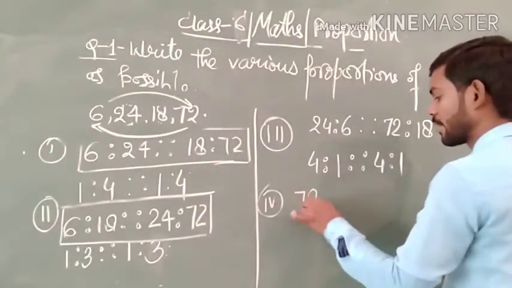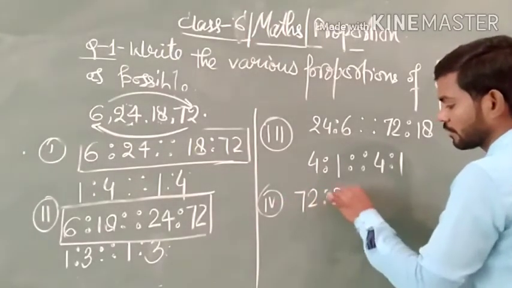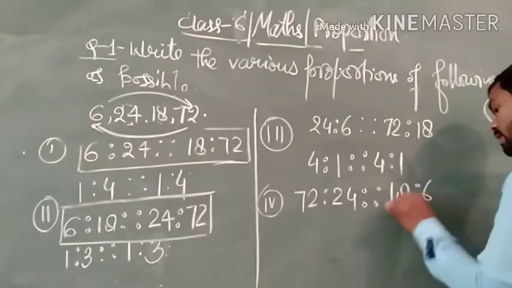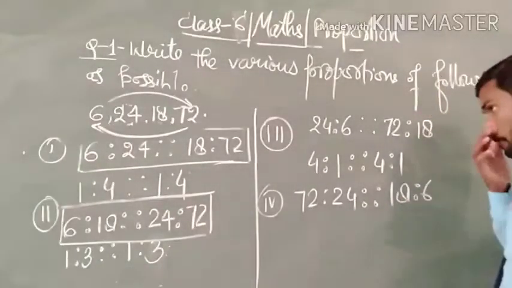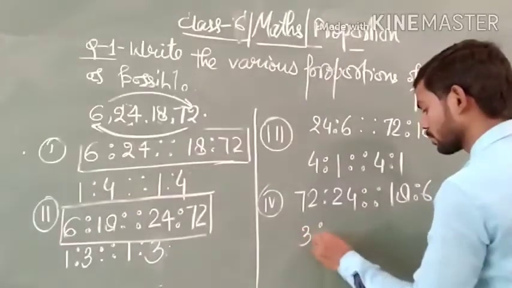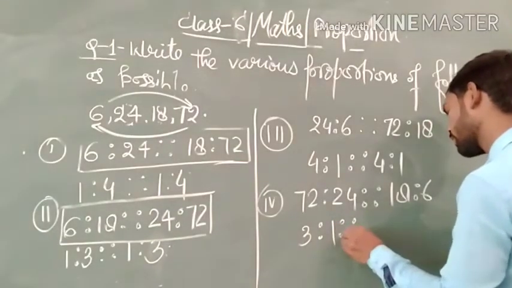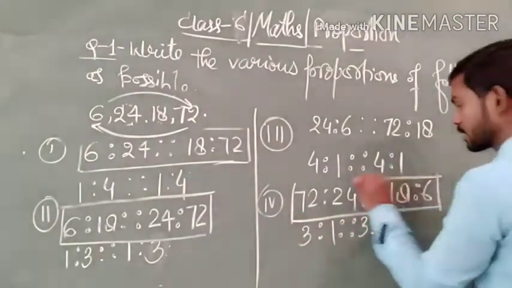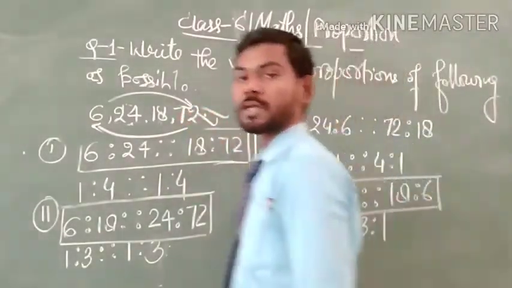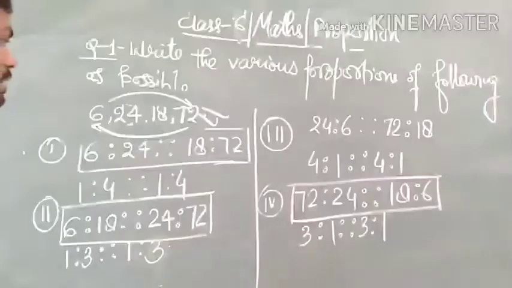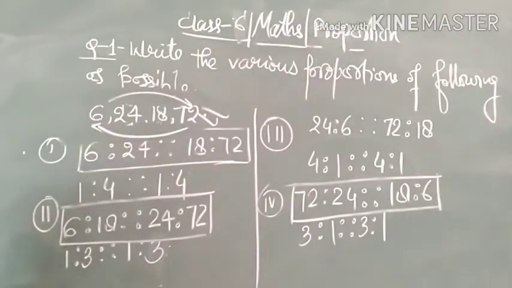So we get 72 ratio 24 proportional to 18 ratio 6. When we solve here, we get 3 ratio 1 proportional to 3 ratio 1, and this shows that the given four numbers are in proportion. So students, in this way we shall write the possible proportions of the given numbers.